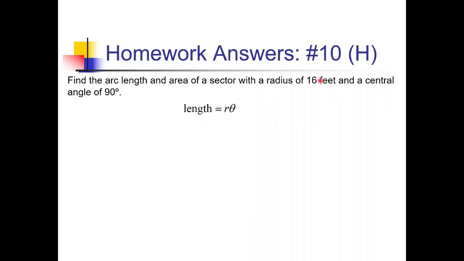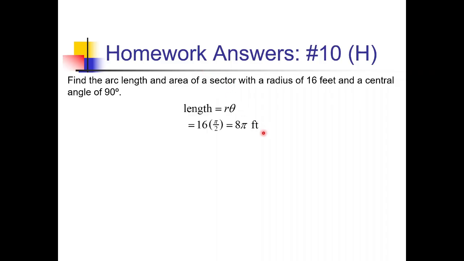So if we have a radius of 16 and an angle of 90 degrees, we're doing 16 times 90 in radians. You have to convert it to radians. So 16 times pi over 2. And 16 and 2 reduced to 8, so this is 8 pi feet for the arc length of this sector.